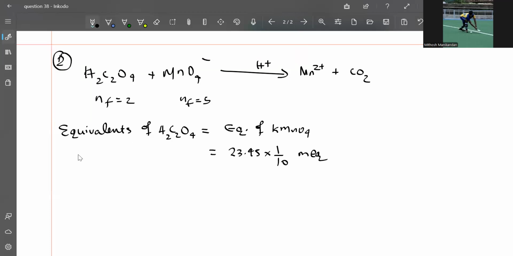The volume that we have is 25 milliliter, multiplied by the normality of H2C2O4. So the normality of H2C2O4 will be 23.45 divided by 25 into 10.